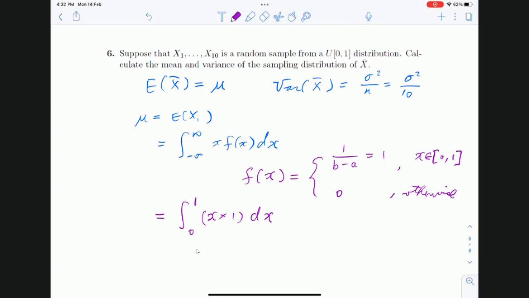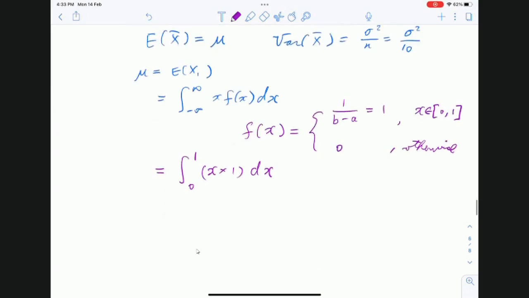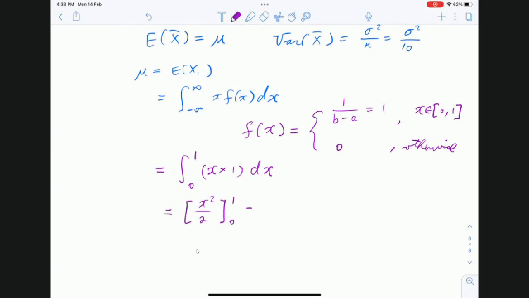So this is how we obtain the expectation or the population mean for the uniform 0 to 1 distribution. And the rest will be just elementary calculus, equal to half. So the population mean for uniform 0 to 1 is equal to half. Okay?